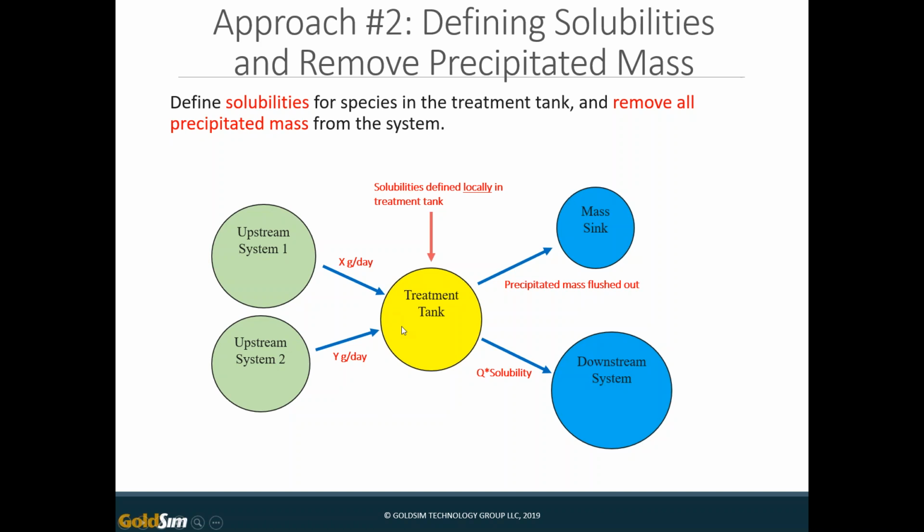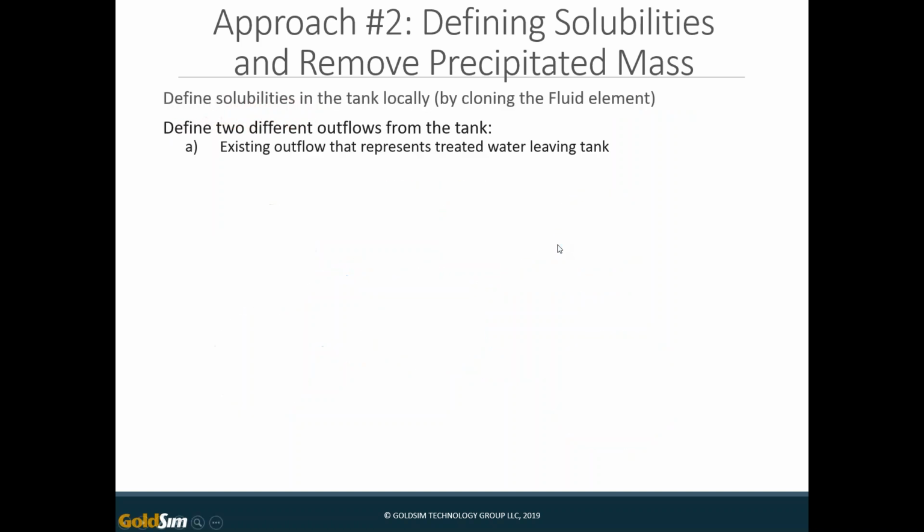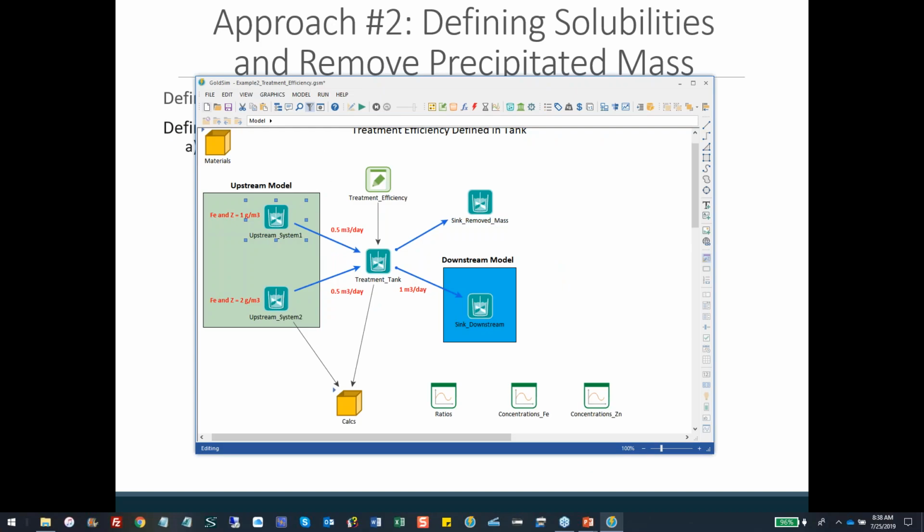That's where they're going to precipitate out of solution. So in order to do that, we have to define what's called a local solubility. By default, the solubilities are global. You're going to see we're going to have to define a local solubility. So let's open that model and see what that guy looks like.